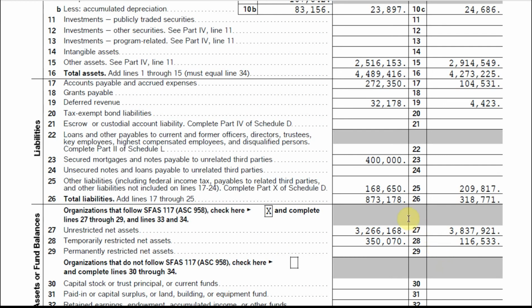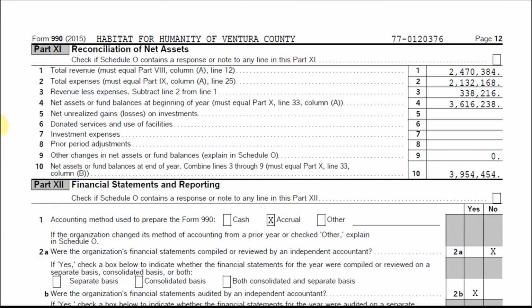If we look to page 12, this is more of a summary page. I do think there are some of the additional statements that are helpful.